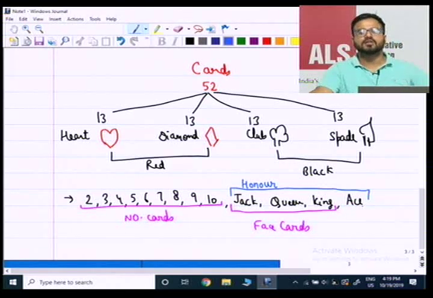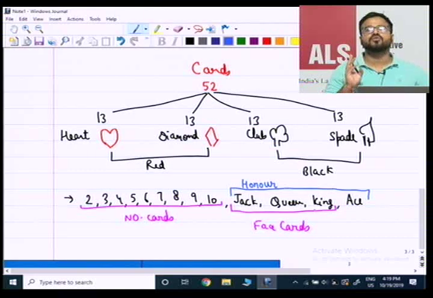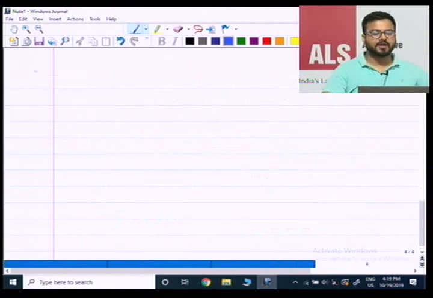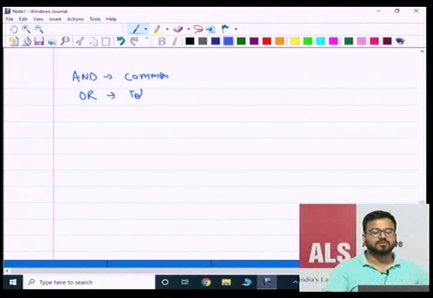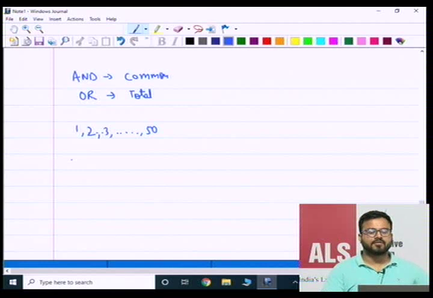Now, again the same concept. In the last class, you remember I told you two words: one is "and" and one is "or". And means common, and or means total. Suppose we have numbers from 1 up to 50, and we pick one number.